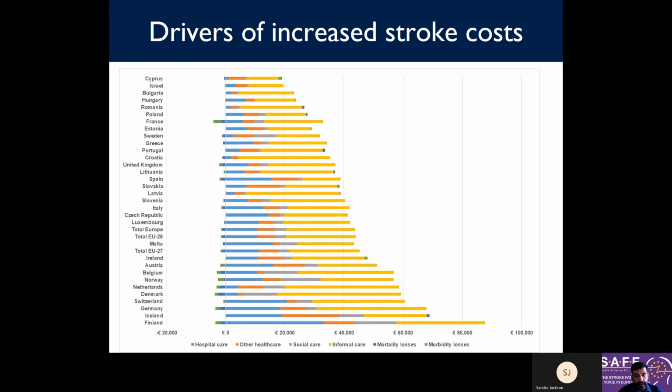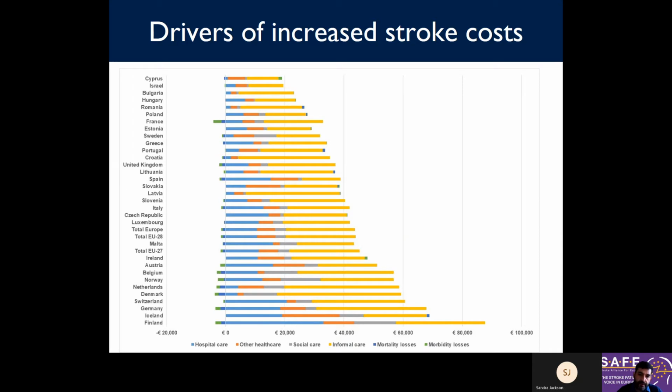But then looking at the true drivers, what will drive the costs of stroke up, the main driver from our analysis is informal care, which will be the biggest driver across all countries. Again, this might be limited. Here we assumed that what happened in 2017 will happen in 2040, everything except the age and gender structure of the population.